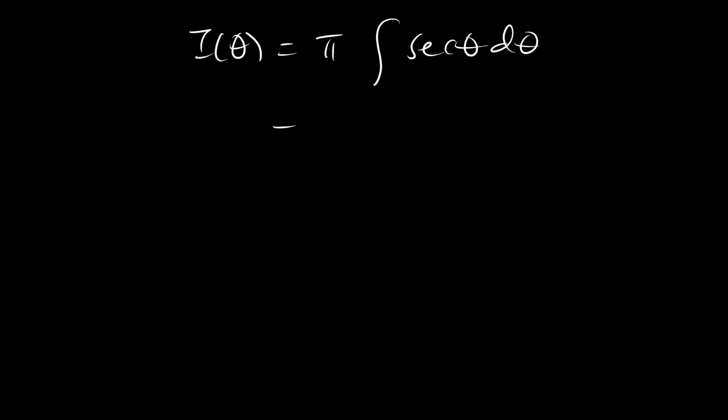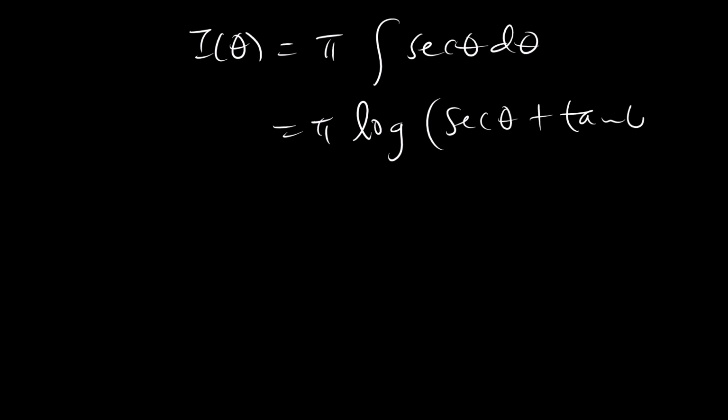And that means I for theta is equal to pi times the integral of sec theta, which is pi times the natural logarithm of sec theta plus tangent theta, plus c.